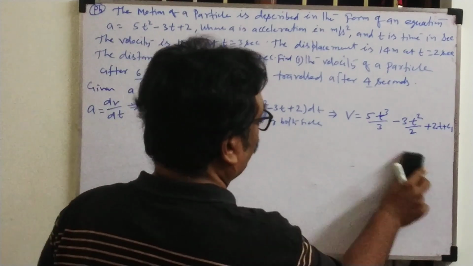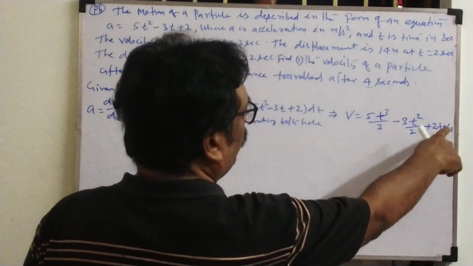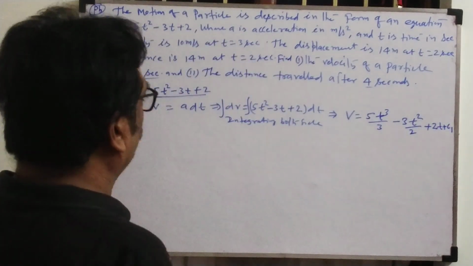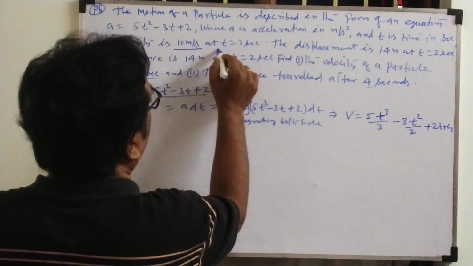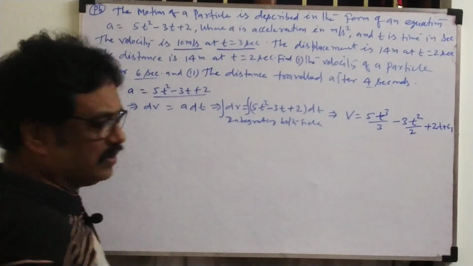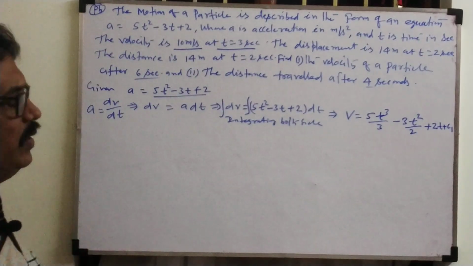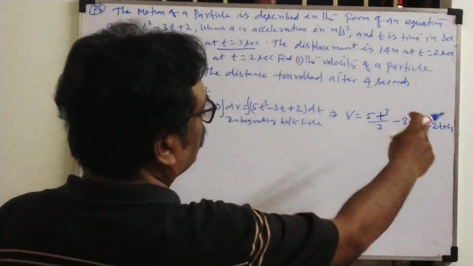Now what we have to do? We need the c1 value. How will we get the c1 value? They gave the boundary conditions here. Once we do indefinite integration, some boundary conditions will be there to get the c1 value.